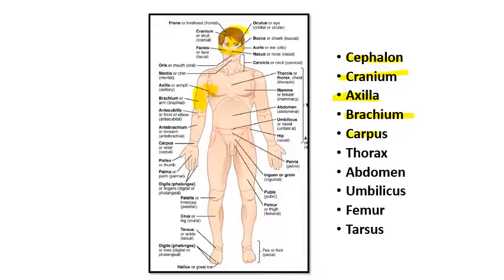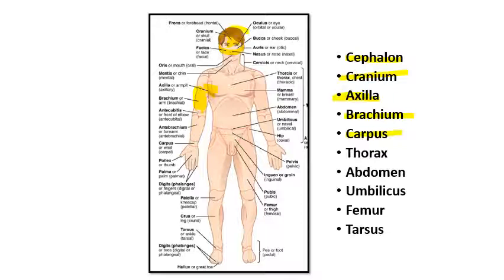The carpus, what do you think that means? Ever heard of the term carpe diem? Carpe diem is a famous Latin phrase which means to seize the day, but that's a bad English translation, because carpe means to grab with your fist. It means to grab hold of something by making a fist with your wrist.